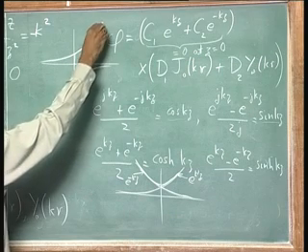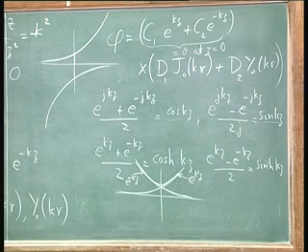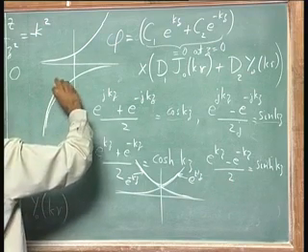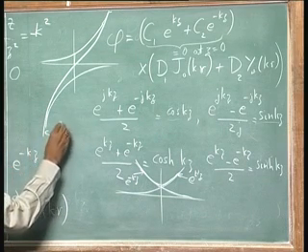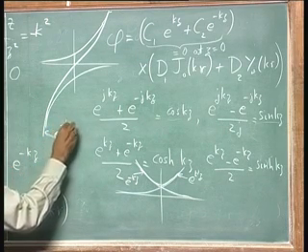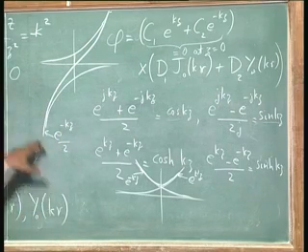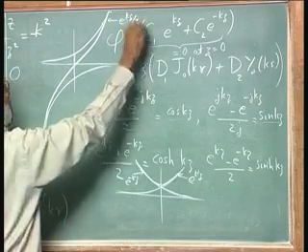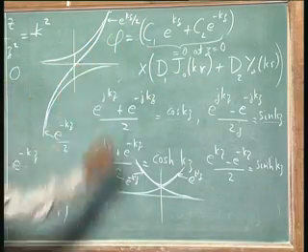For very large values of z, it is basically this function or this function. So, if I plot the function, it is going to look like this. It is like e to the power of minus k z over 2 for large negative values of z. It is like e to the k z over 2 for large positive values of z, and it is 0 at z equals 0.